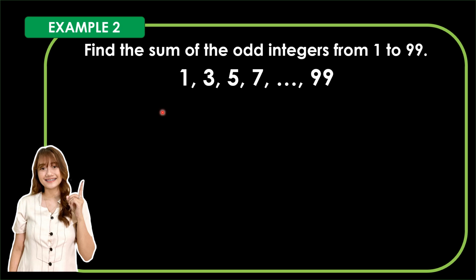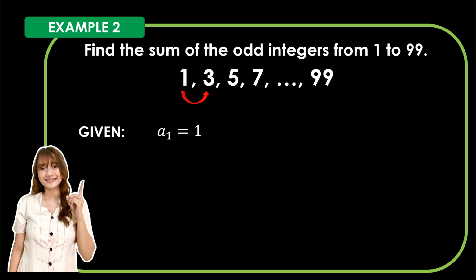So from this set of numbers, we already have the sequence 1, 3, 5, 7 until 99. Our first term is 1, and we can denote it as a sub 1 is equal to 1.